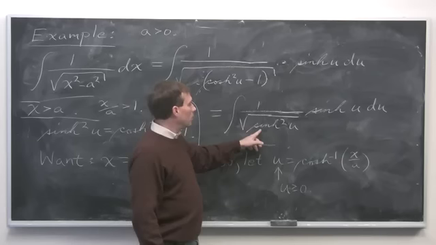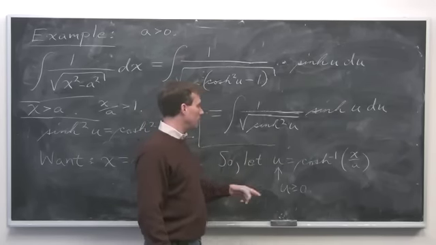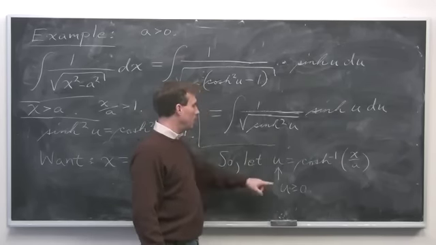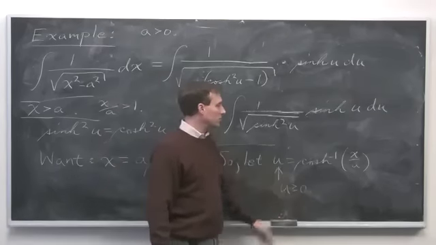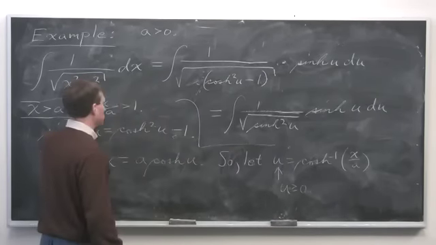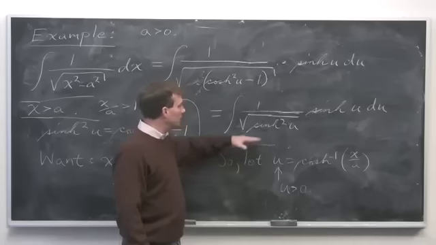Here, we only know that hyperbolic sine of u is positive when u is positive. Oh, but our u is positive. It's certainly greater than or equal to 0 because it's the inverse hyperbolic cosine of something, but we're not allowing x over a to be 1, which means we're also not allowing u to be 0. We're not going to get back u as 0 because that's when hyperbolic cosine is 1. So in fact, we're assuming u is greater than 0 by letting u be this.